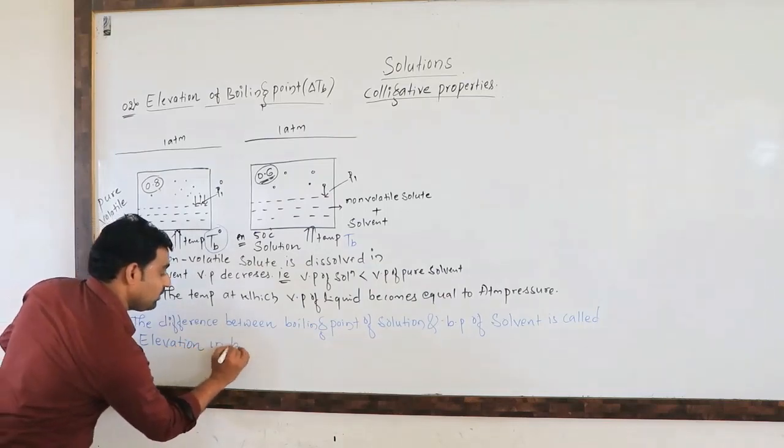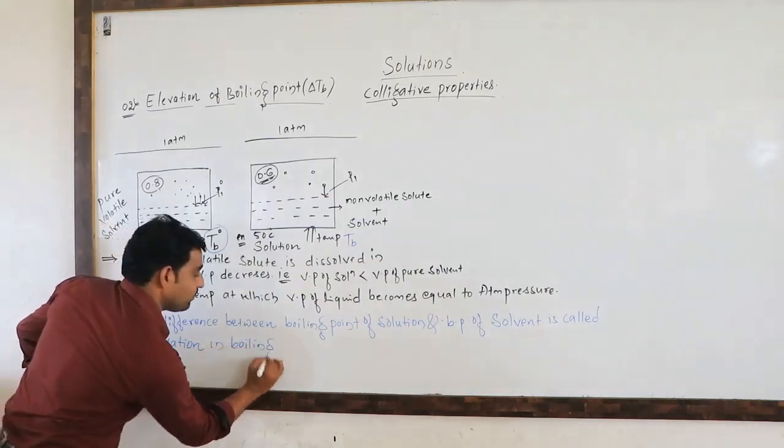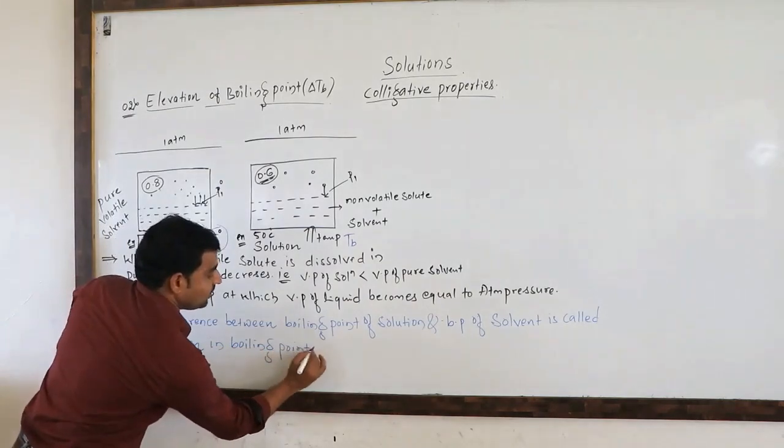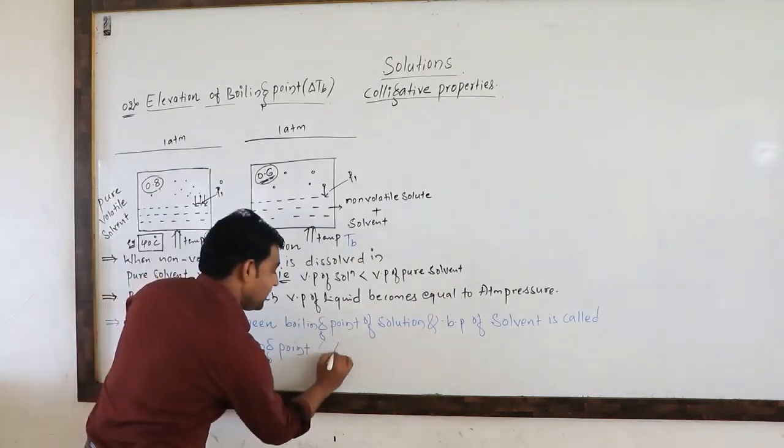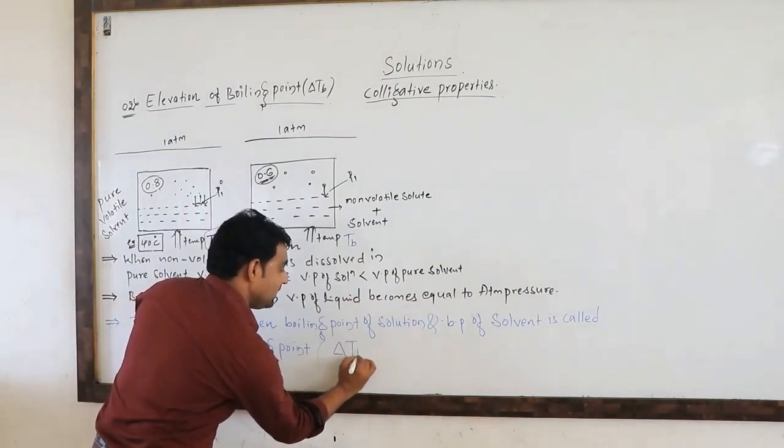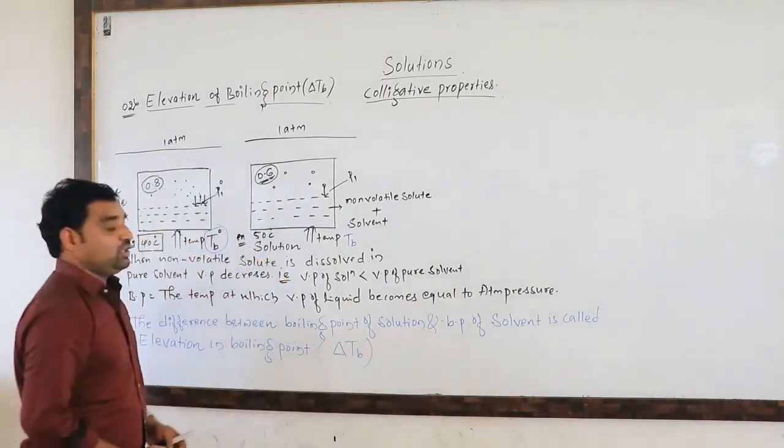The change in temperature, that is delta T, delta TB is the elevation in boiling point.